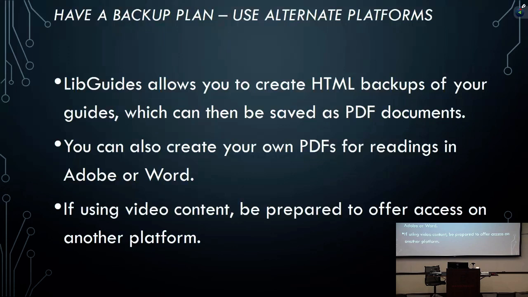So another concern. So talking about the videos. If the outage is, let's say that everything is fine with LibGuides, but our video hosting is down, you'd want to be able to go to alternatives.